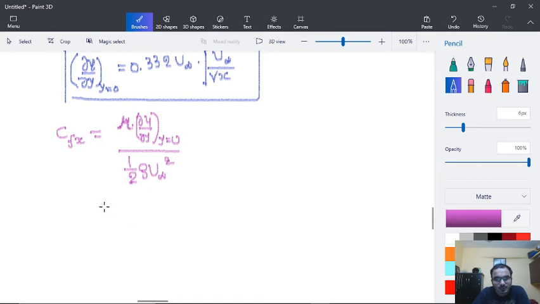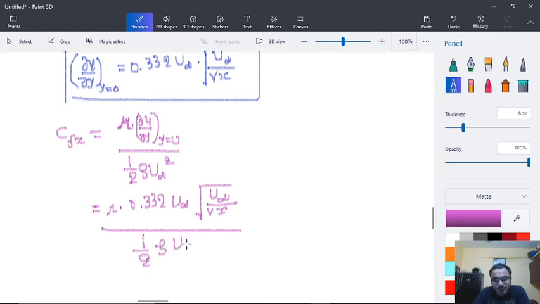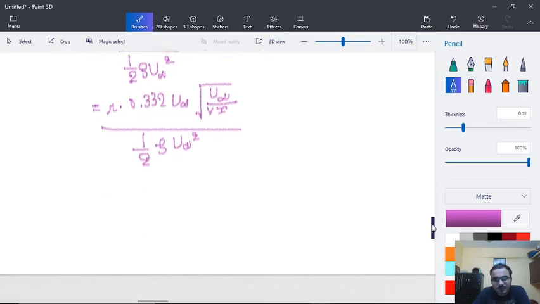So further writing down this will be mu into 0.332 u infinity into square root of u infinity divided by mu into x, divided by half into rho into u infinity square.